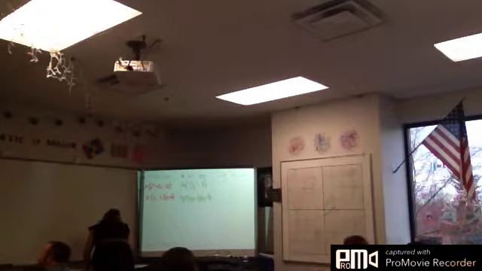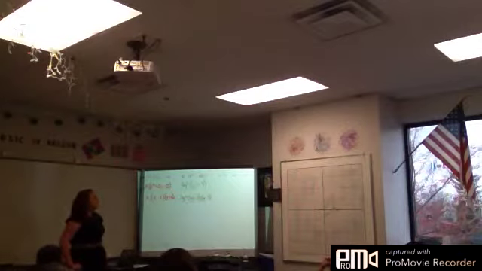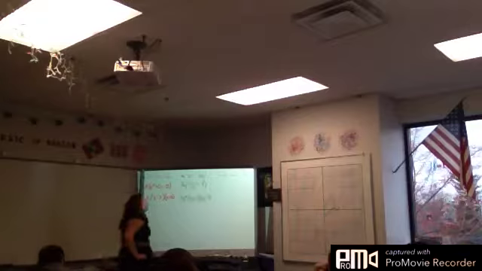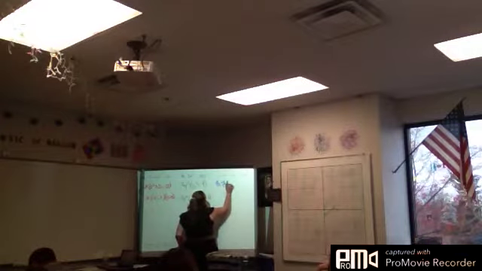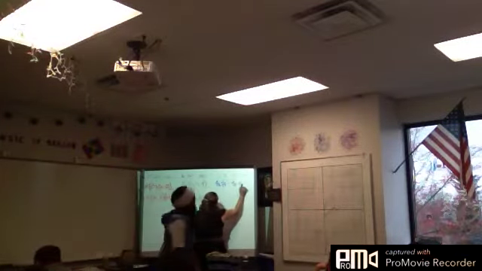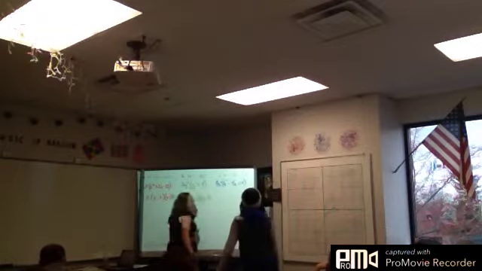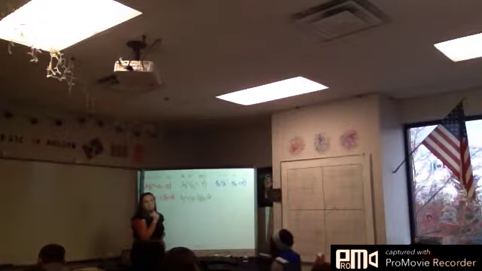Okay, what about this one right here? 4z to the 4th minus 16z cubed plus 16z squared. Divide by 4z squared. Okay, we're going to take that out. Then we're going to have z squared minus 4z plus 4. Now what do you have there? A perfect square trinomial.